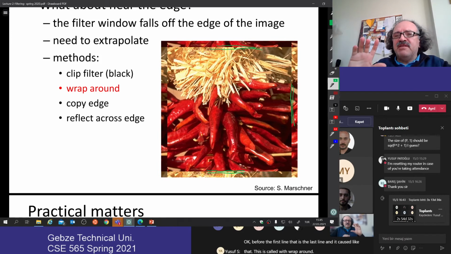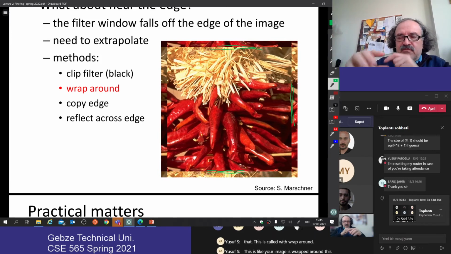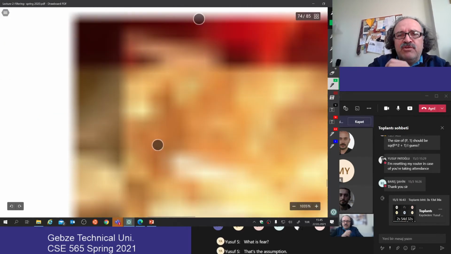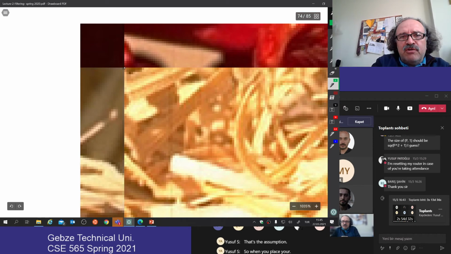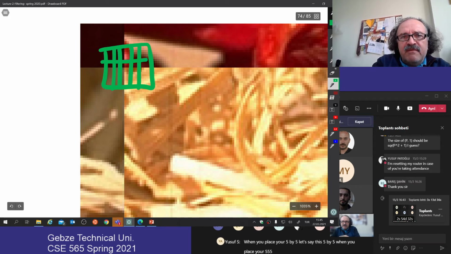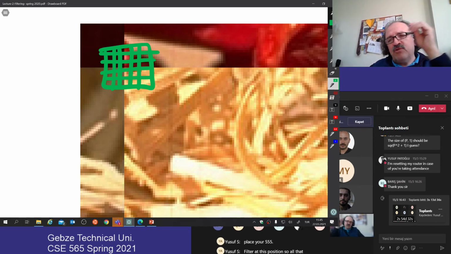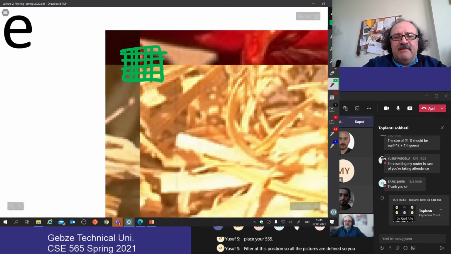This is like your image is wrapped around a cylinder or a sphere. That's the assumption. So when you place your 5 by 5 filter at this position, all the pixels are defined, so you don't have to ignore anything.